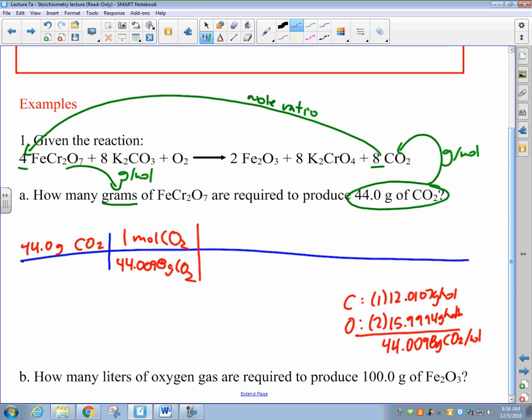We've gone grams to moles. Next step on our plan was to go from moles of CO2 to moles of FeCr2O7. And that is our molar ratio from the balanced equation. For every 8 moles of CO2 that are produced, we consume 4 moles of FeCr2O7. So our 8 to 4 molar ratio.